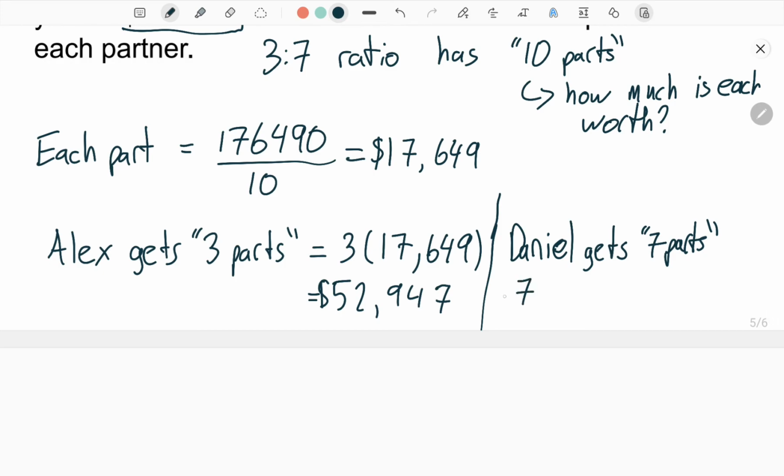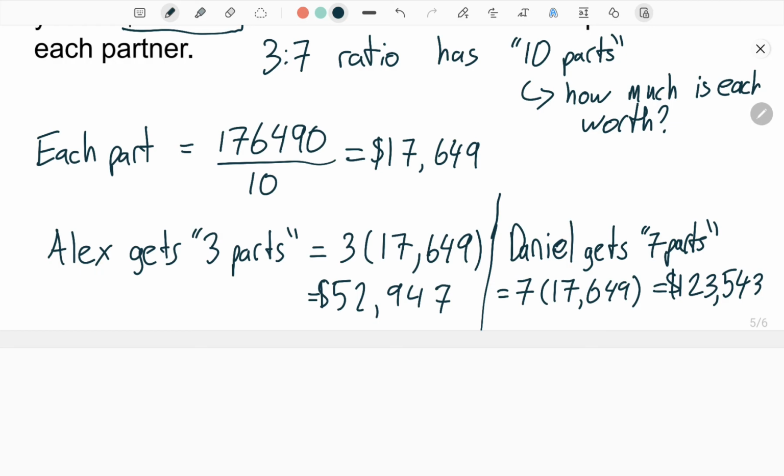We can do 7 times 17,649, which is equal to $123,543. And that would be in dollars.